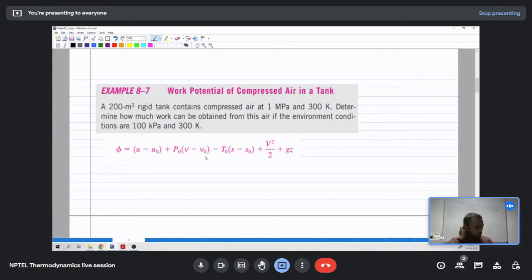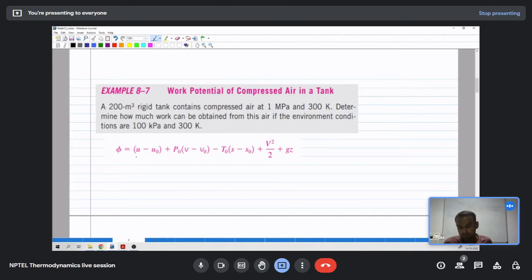In this problem there is no change in temperature, so we can assume U minus U naught is 0, and since the pressure is changing from 1 megapascal to 100 kilopascals, there will be some change in specific volume, so that has to be taken into account.